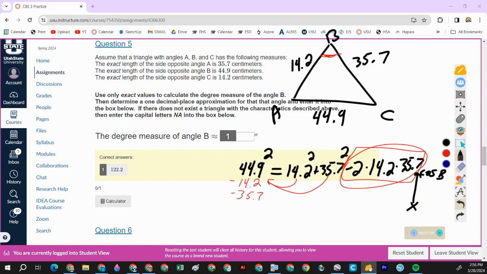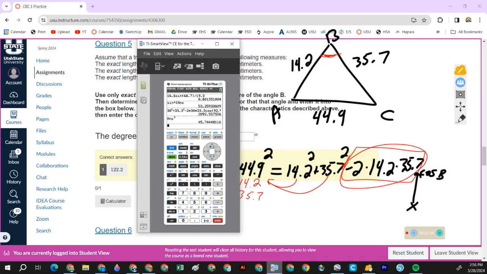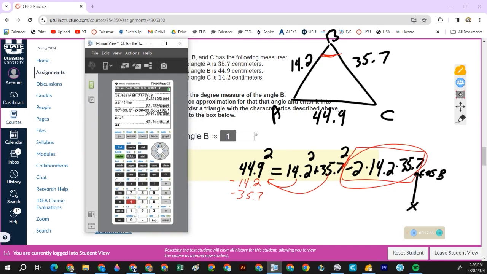So we need to figure out what that number is and then divide it. So we'll take 44.9 and square it, and subtract 14.2 and square it, and subtract 35.7 and square it. Okay. And again, don't round anything.